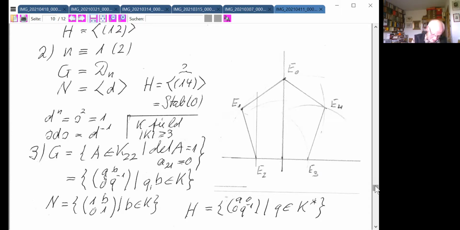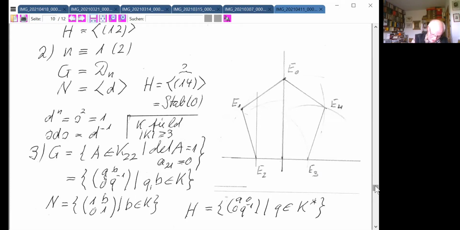You must have in the main diagonal a non-zero element q and its inverse, and then in the right upper corner some other element of K. In this case, the Frobenius kernel consists of those matrices with 1s in the main diagonal, and the Frobenius complement consists of the diagonal matrices in the narrow sense.